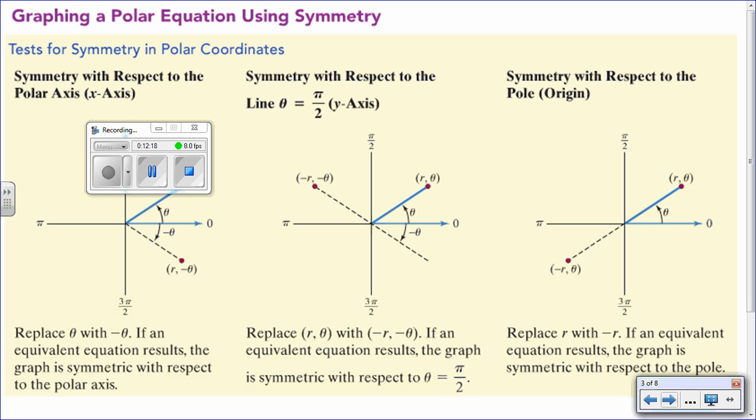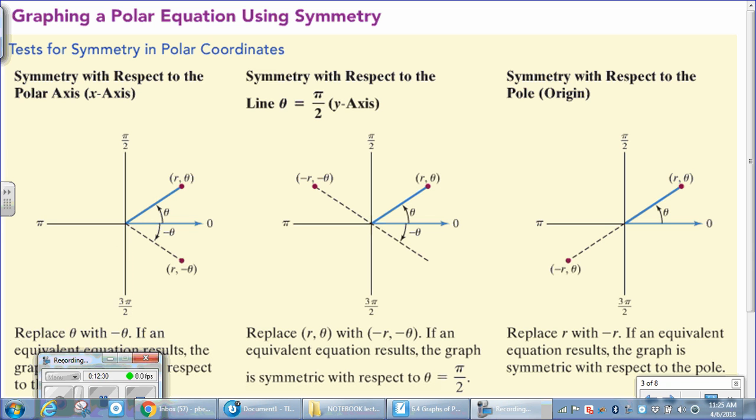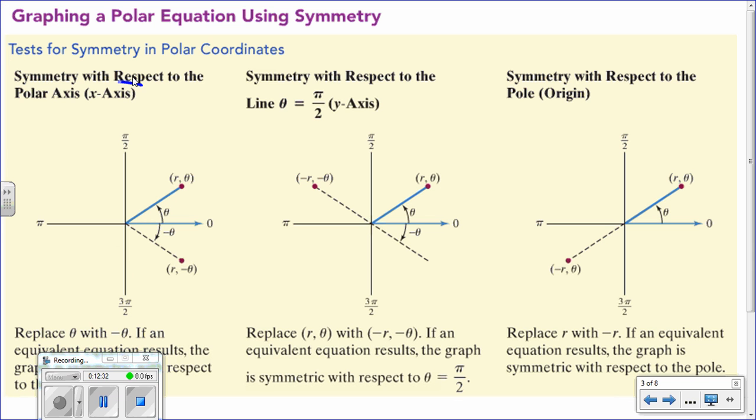Okay, so let's move on. When we were talking about functions that are graphed in the rectangular quadrant, we talked about 3 different types of symmetry. One is with respect to the x-axis, another one is y-axis, and another one is origin. And actually, let me correct myself.